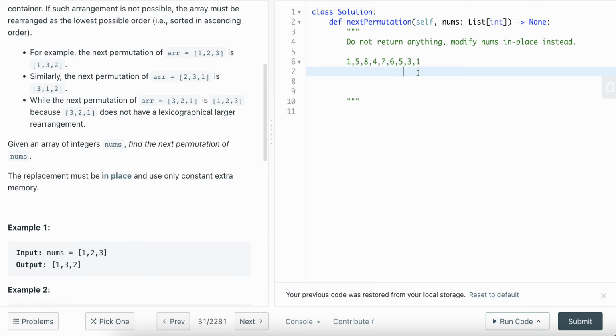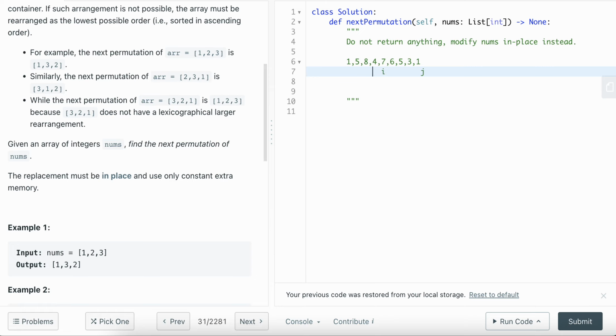So look at this, 3 is bigger than 1, 5 is bigger than 3, 6 is bigger than 5, 7 is still bigger than 6, and then we want to stop right here because 4 is smaller than 7. So I'll place i here.